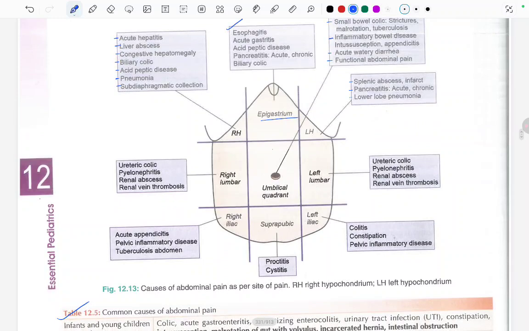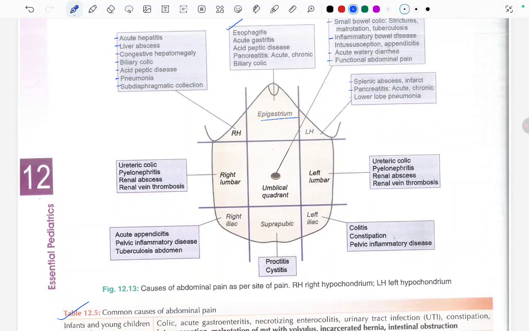In the right lumbar region, there can be ureteric colic, pyelonephritis, renal abscess, and renal vein thrombosis. In the left lumbar region, the causes can be again ureteric colic and pyelonephritis, same as here, because there are kidneys present. So in the lumbar region, if there is pain, it's mostly due to kidney causes like ureteric colic, pyelonephritis, renal abscess, and renal vein thrombosis.